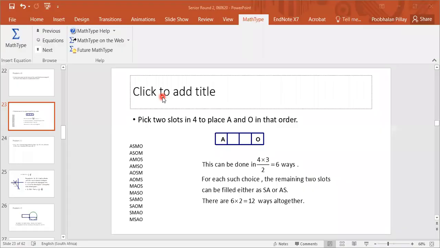The answer was n times n minus 1 divided by 2. So here it's 4 times 3 divided by 2. This is the number of ways in which you can choose 2 boxes from 4 boxes. So there are 6 ways in which you can put the A and O: A and O here, A and O there, and so on. But each time you have such a choice, you have 2 ways in which you can complete the word. So you have 6 times 2 equals 12, and that's 12 ways altogether to create these 4-letter words.